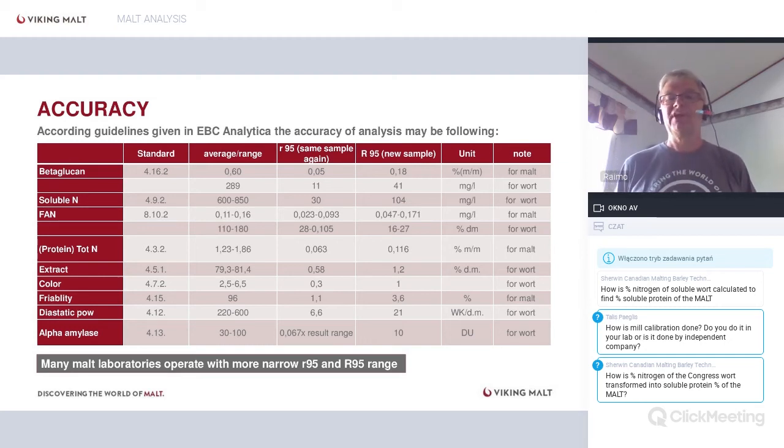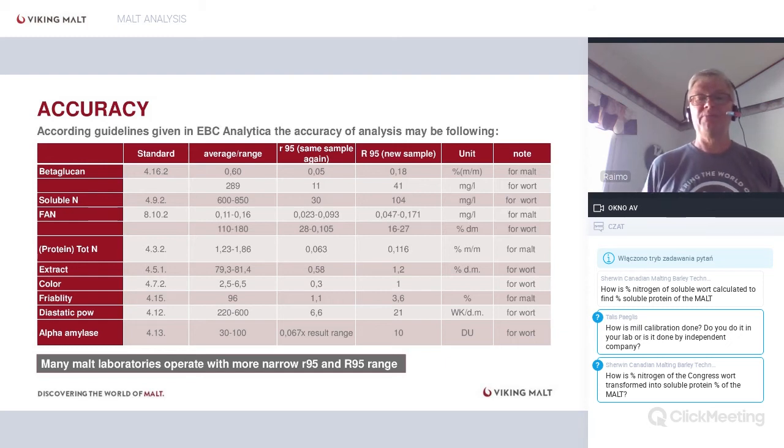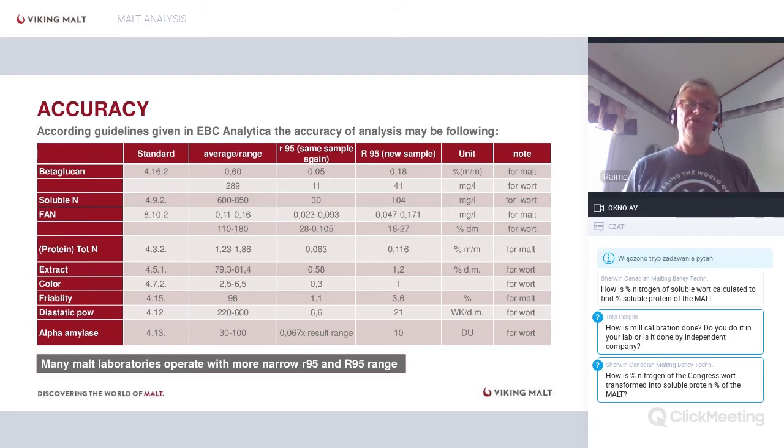But if we take a totally new sample and do all the wort and everything again, then we end up with this 41 difference from the wort. And what is said here in a dark box is that many malt laboratories operate with a narrower R95 range than what this EBC Analytica actually expects from the rules.